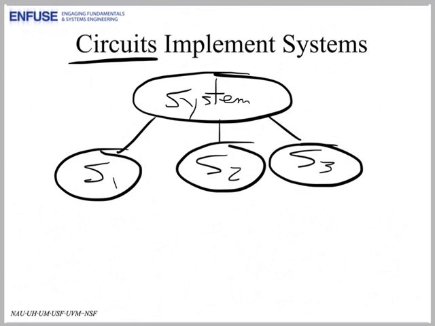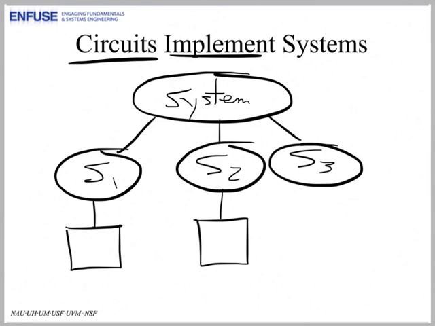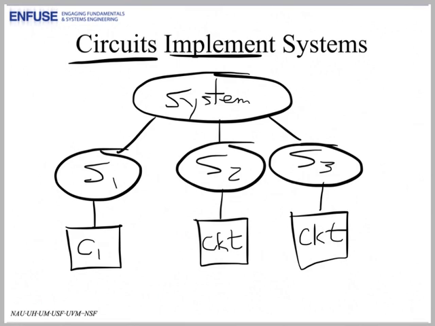Then we have to worry about how to implement each subsystem. And it's very likely that we will implement a subsystem using a circuit. Or we may also, and in the particular case of our DC to AC inverter design, we might use a pre-built component. And that's what I'm suggesting here with this C1.